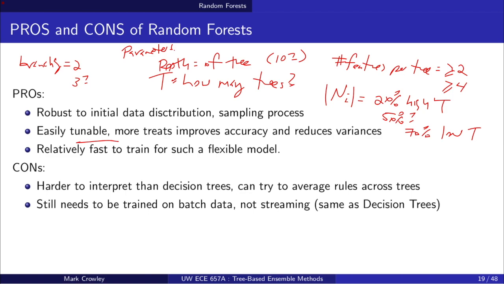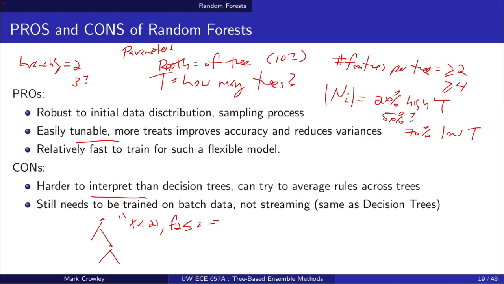Good. Relatively fast to train, robust. Yeah, so we lost our interpretability, right? So remember when we have a single tree, we could read off all these rules and say, oh, it means x is less than this and f2 is greater than that. Now every tree has a story about how to divide up the data, and the joint answer is all of them combined, so we can't really interpret it that well.